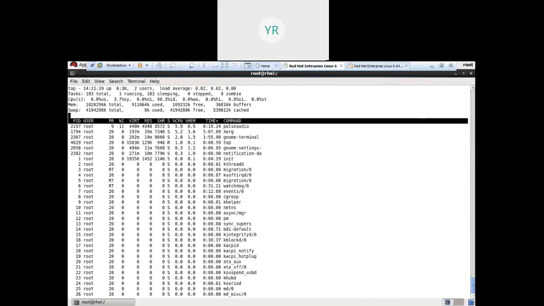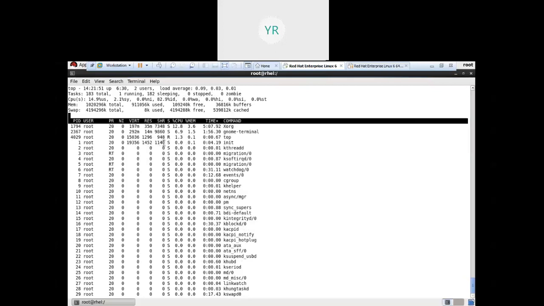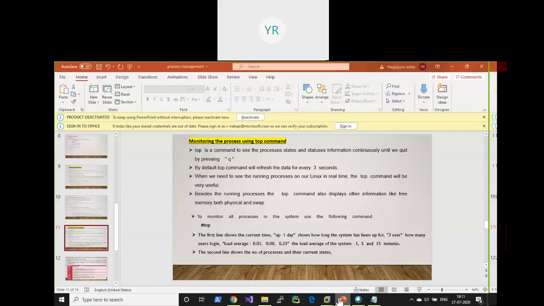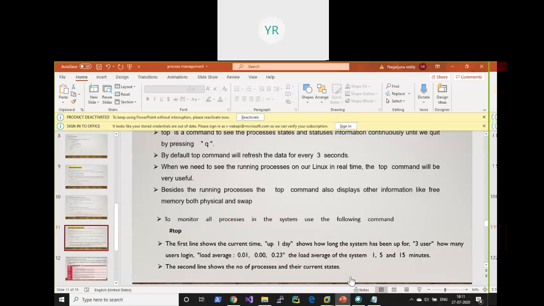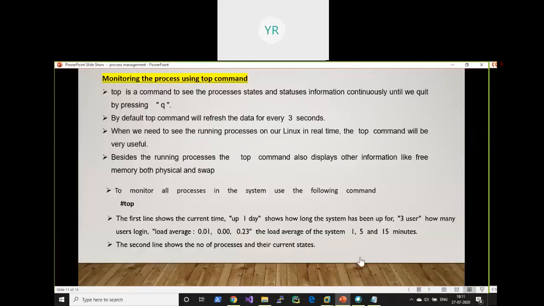Look here, it is refreshing continuously every 3 seconds. You can observe that. The first line in the top command shows the current time.